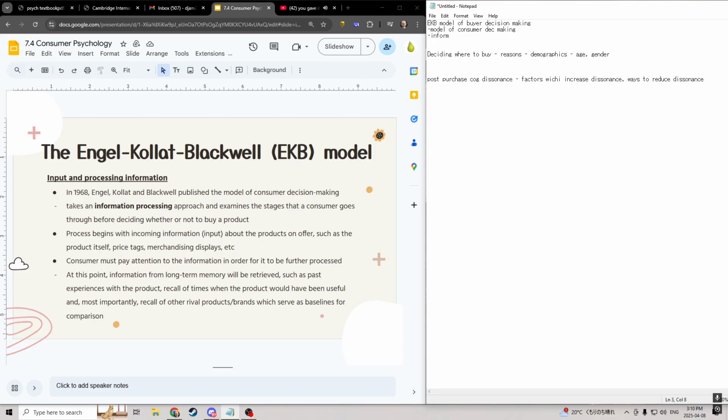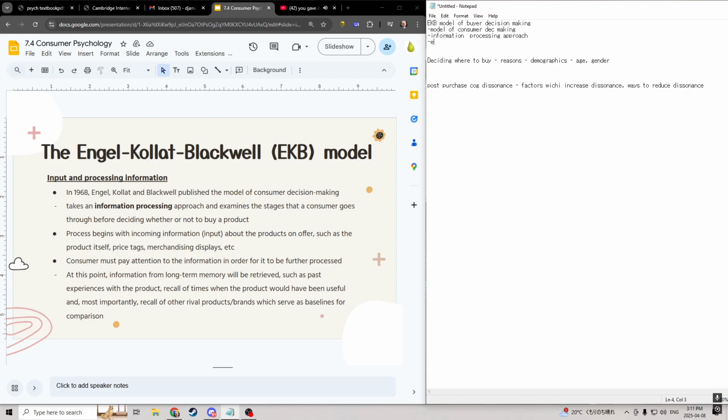Information processing approach examines stages of decision making when buying product.